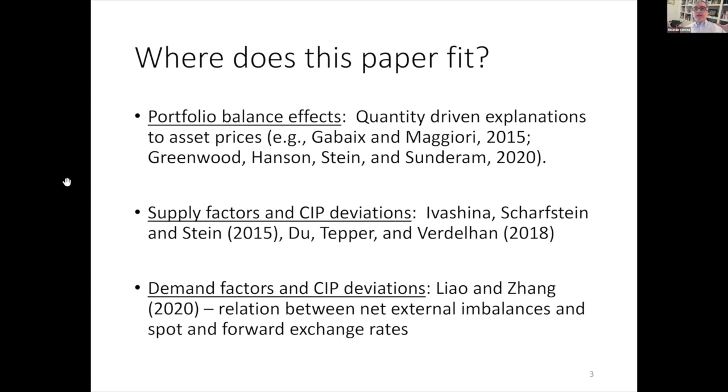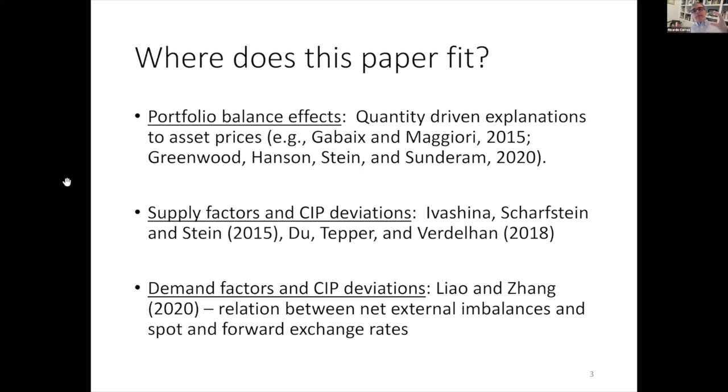So this fits nicely into that literature, where Georgia looks at the balance sheet positions of these actors in this market and assesses how those can impact these asset prices. In this case, the price of forward markets or forward prices, FX swaps, and so forth.